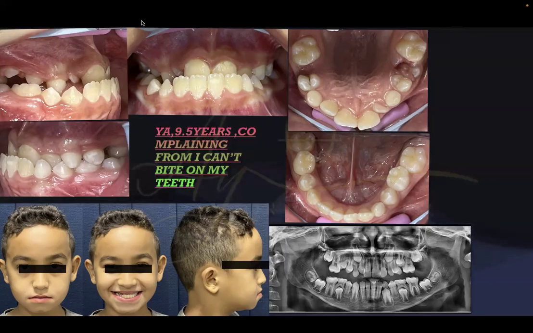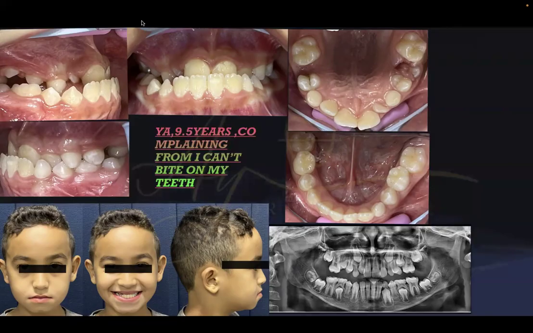What is the Frankfurt mandibular plane angle? It is the line drawn from the Frankfurt plane to the lower border of the mandible.